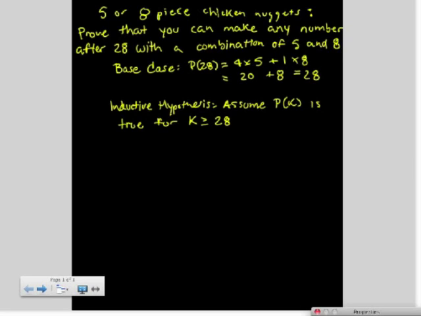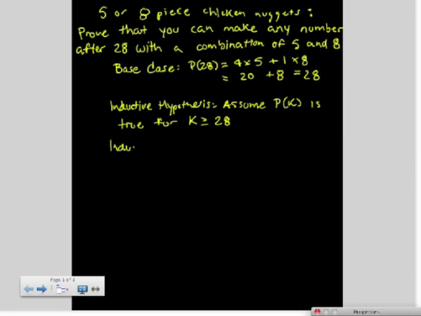For your inductive hypothesis, you always want to assume that P of k is true, because in your inductive step, you're going to show why P of k plus 1 is true. So first you'll assume that P of k is true, and since we want greater than or equal to 28, we want k to be greater than or equal to 28 in our hypothesis.